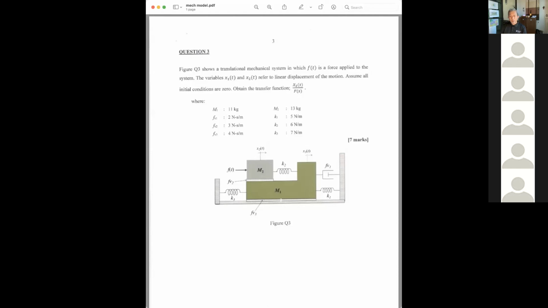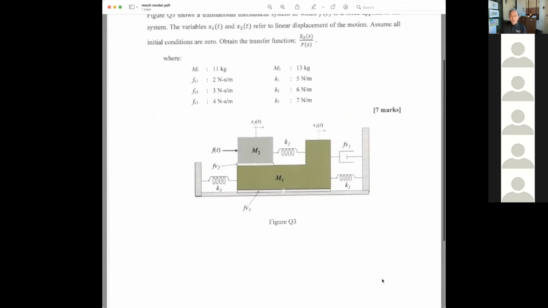Obtain the transfer function X2(s) over F(s). So you are given M1, 11 kg.